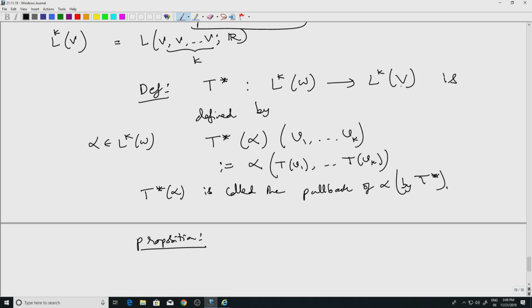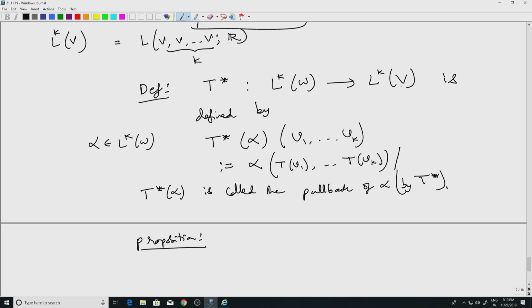So once we are given V1 up to Vk, this right hand side here is a number, but what I really want to know is whether T star alpha is an element of L^k(V). That is in fact true. In other words, it's multilinear.